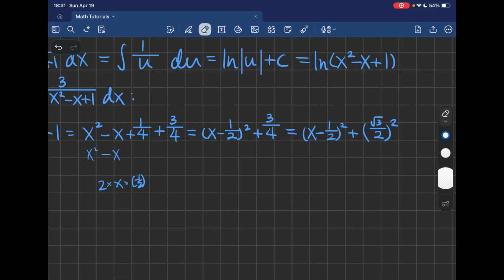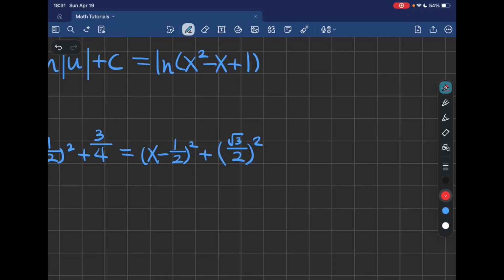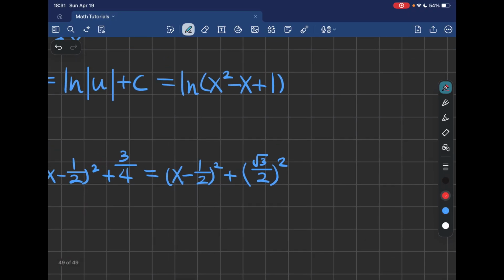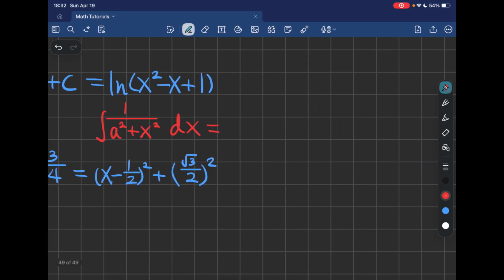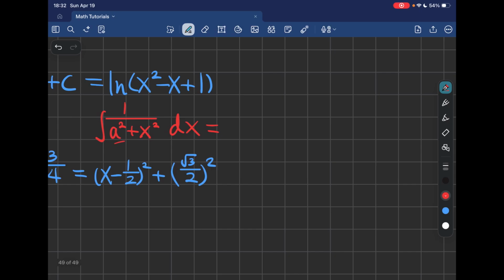So the reason we do this is because in the formula booklet, there's a formula that looks like, let me write it down. So on page 10, this thing, so you have a square here and a square here, right?